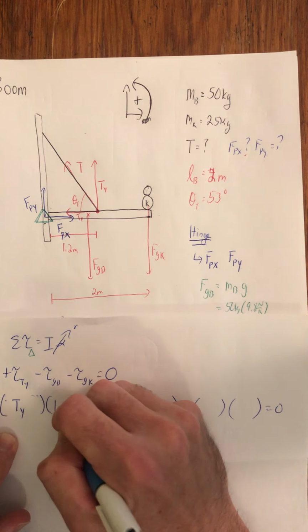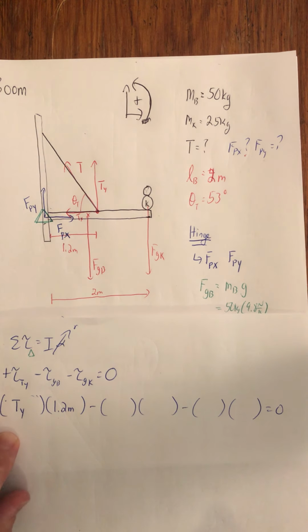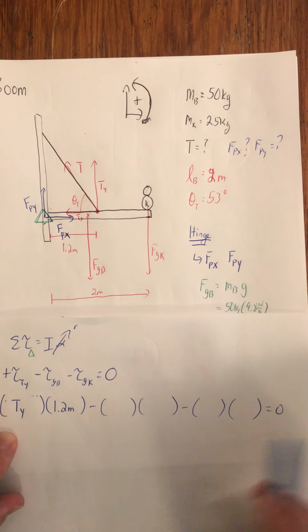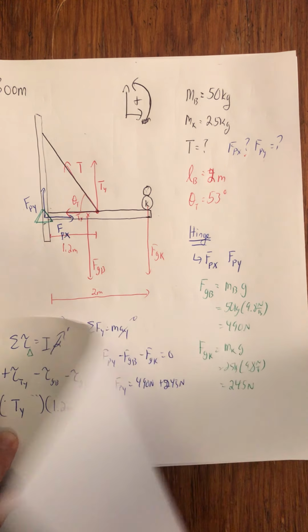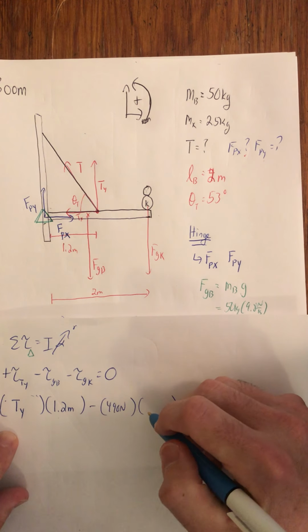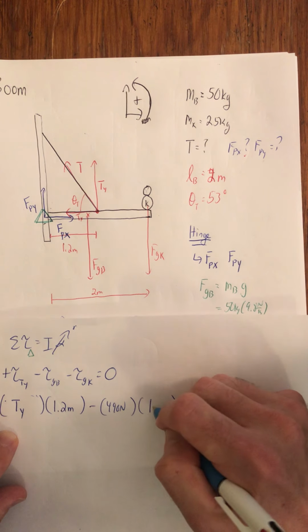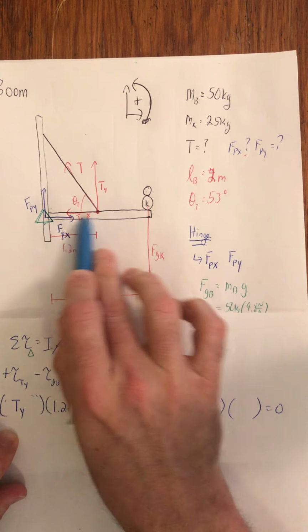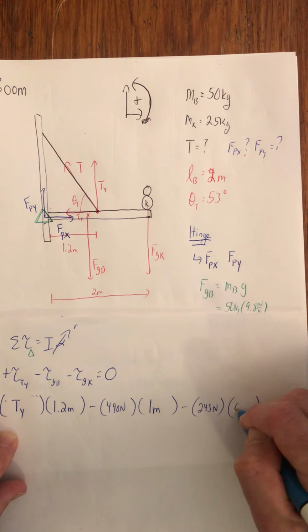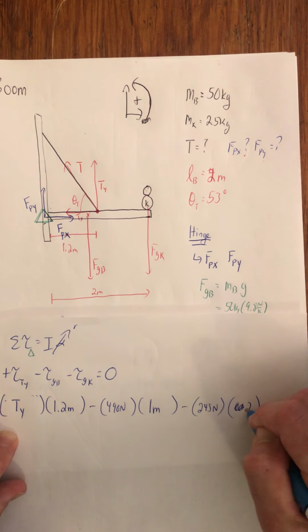We said that acted 1.2 meters away. Let's make this the GB term. We know that FGB is 490 newtons, and then the boom is 1 meter because that's where the center of mass is, and then the kid 245 newtons, and then actually it's 2 meters.